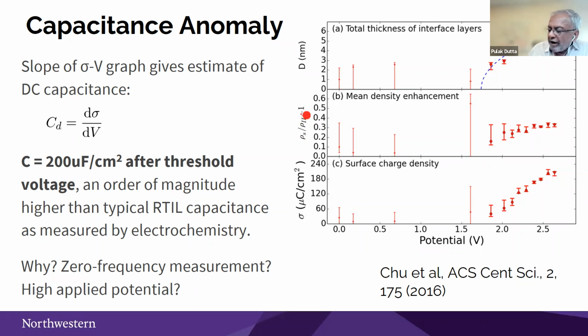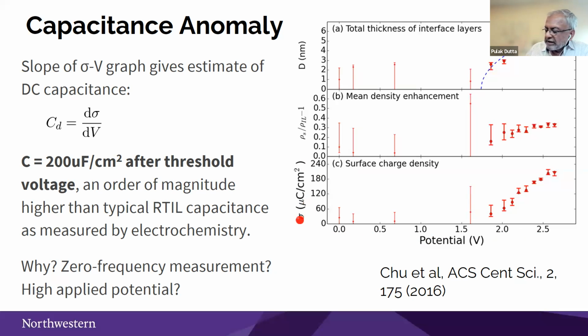So here, rho IL is the bulk RTIL density, the ionic liquid, and that ratio minus 1 is the excess density, and that seems to be more or less flat. And from that, you can calculate the surface charge density, and the slope of this is the differential capacitance, okay? So this is the charge, this is Q versus V.